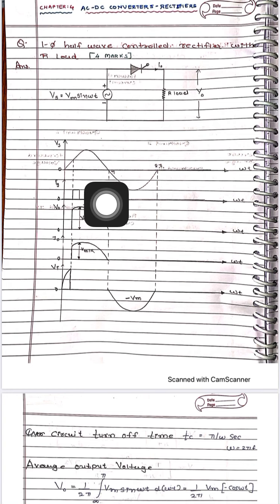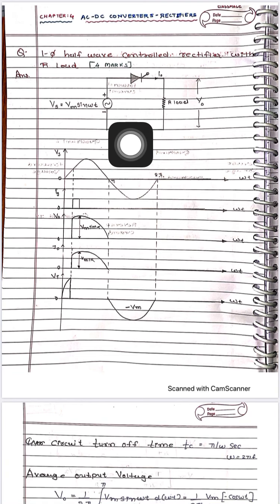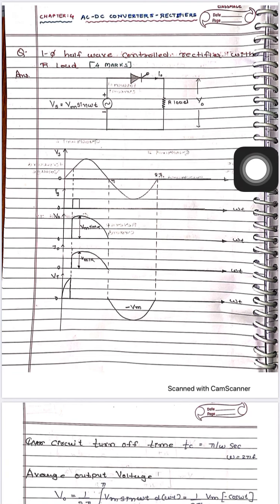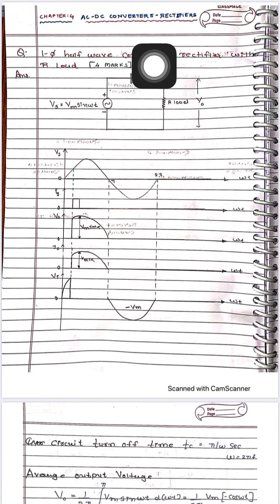So, if my alpha is equal to 90, my gate pulse is not starting from 30, it is starting from over here, right. So, that is the difference of firing angles. Firing angle alpha is equal to 30 means after 30 degree my gate pulse appears to the circuit. Before that my circuit is fully turned off, but there is a little bit of leakage current that will flow in reverse direction, right.